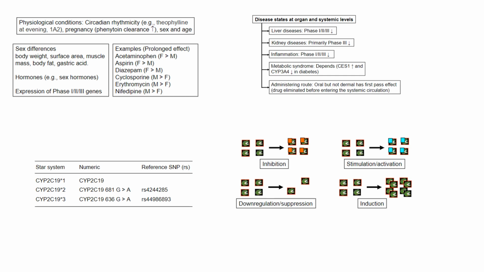The way that genetic variation occurs, or at least one way it can, are what are called single nucleotide polymorphisms. Essentially, if you recall, you've probably seen this in your previous biology courses, DNA is coded for in 3 base pairs.